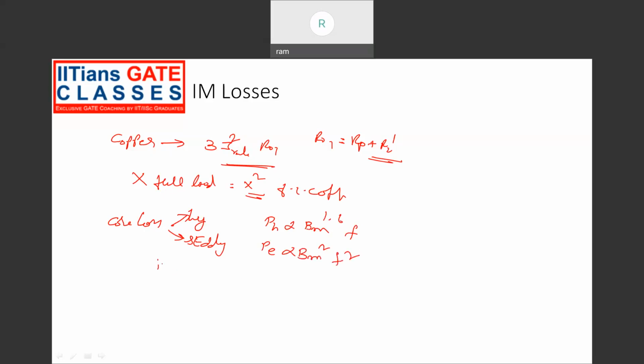Suppose the V by F ratio is constant, or the V by F ratio is not constant. If the ratio V by F is constant, B max is constant, then hysteresis loss is proportional to frequency.